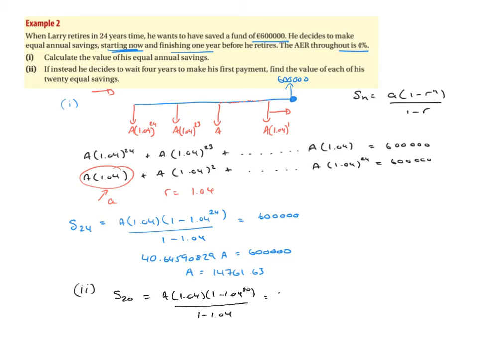And again, that's going to equal 600,000, guys. So all we're saying is it's the same payments, it's just they're only making 20 years of payments rather than 24. So that's why this n now has changed to 20 instead of 24.